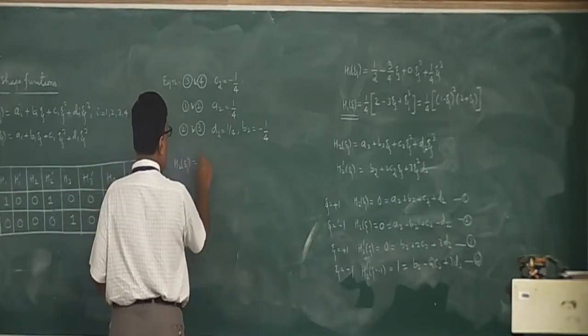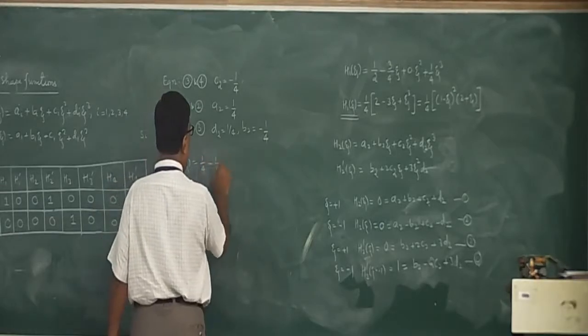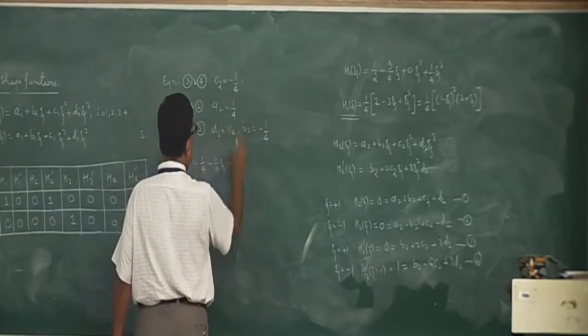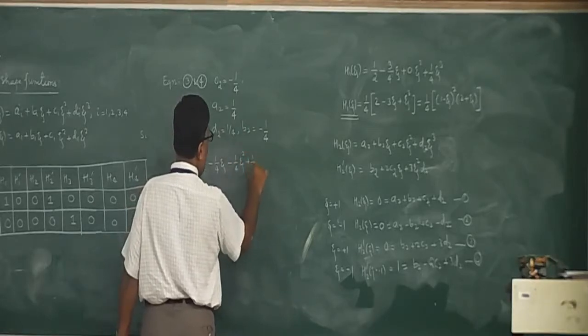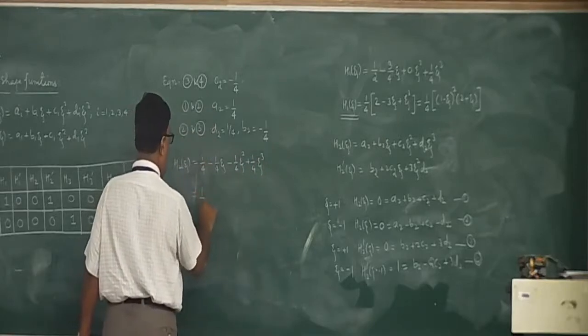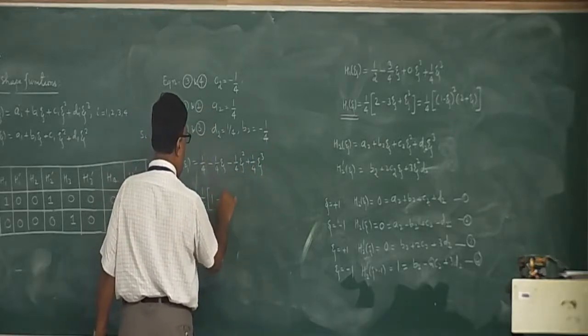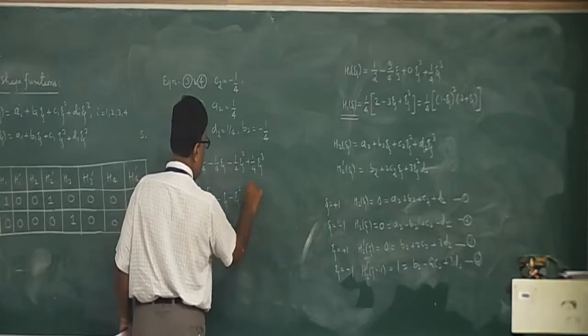A2 is going to be 1 by 4 plus B2, minus 1 by 4 zeta. C2 is again 1 by 4 zeta square plus 1 by 4 zeta cube. See here, all are going to be 1 by 4. So therefore I will take it as 1 minus zeta plus zeta square plus zeta cube.